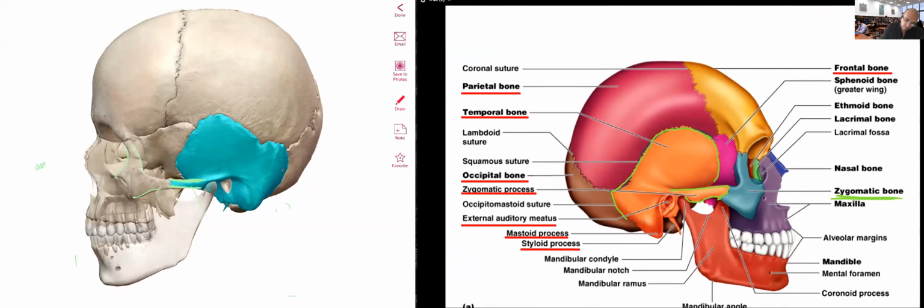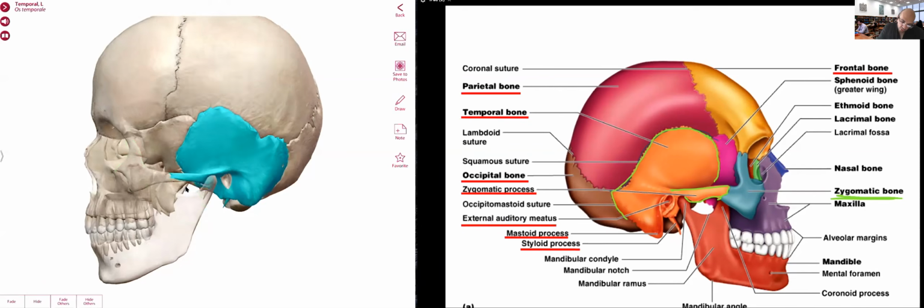So we call this process that connects the temporal bone to the zygomatic bone my zygomatic process. What is the zygomatic process? It's the bony process that will be connecting the temporal bone to my zygomatic bone, as you see on here.